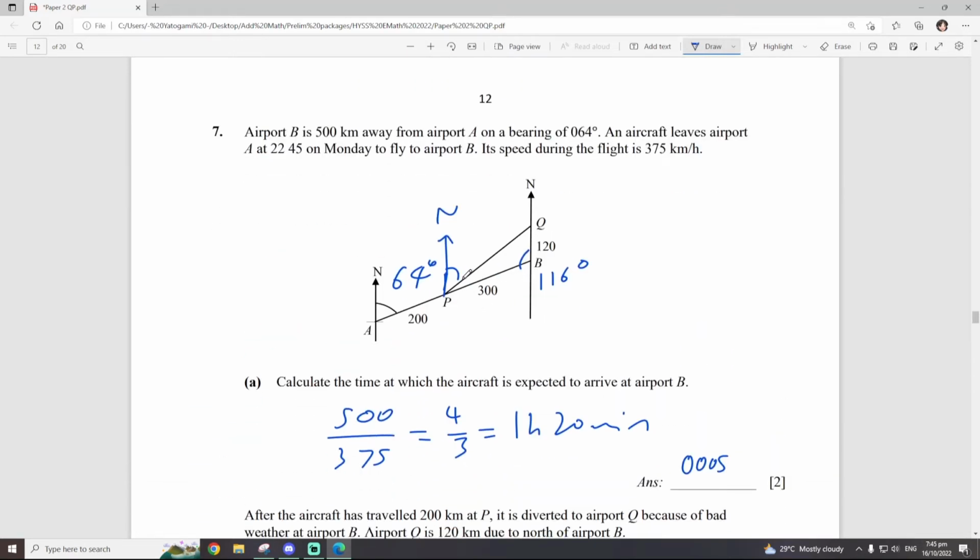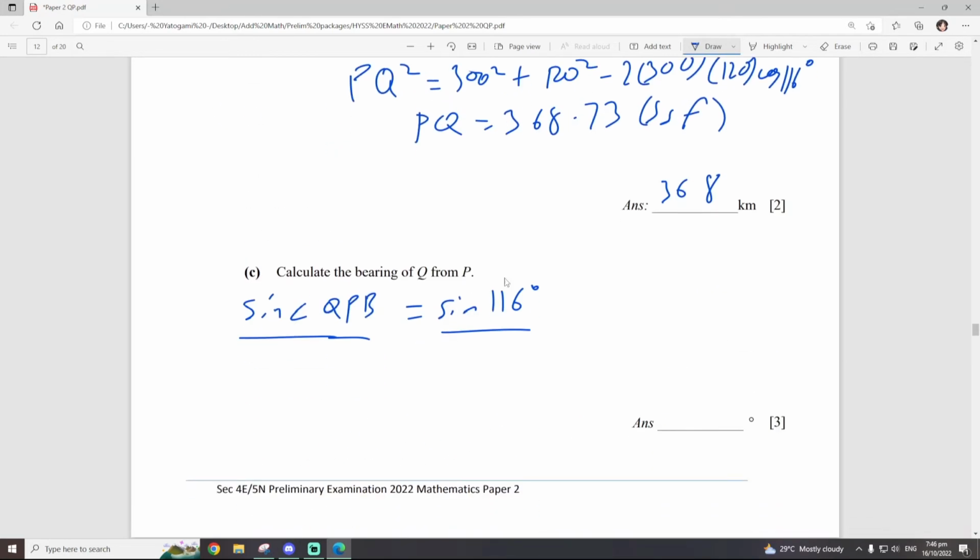For angle QPB, the opposite side is 120, and opposite 116 is what we just found, 368.73. We can find angle QPB, which is 17.008 degrees to 3 dp, which is really good because it's very close to 17 exactly.